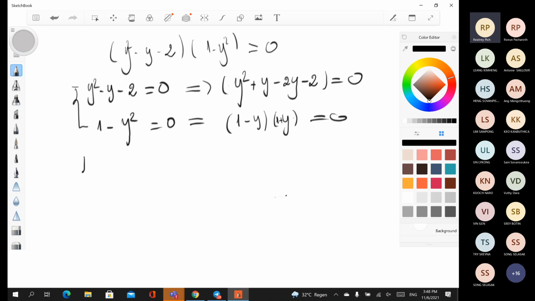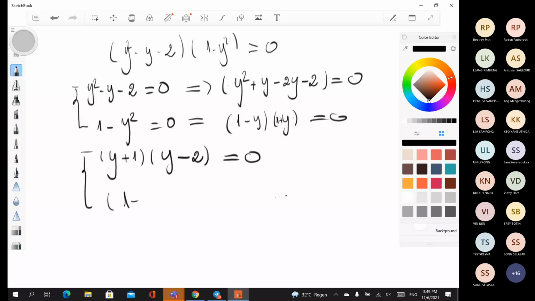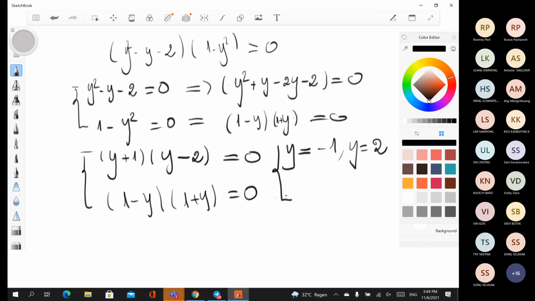So for the first one, what is the equality? y plus 1 multiplied by y, right? What is the value of y? Minus 1, 2, and 4.